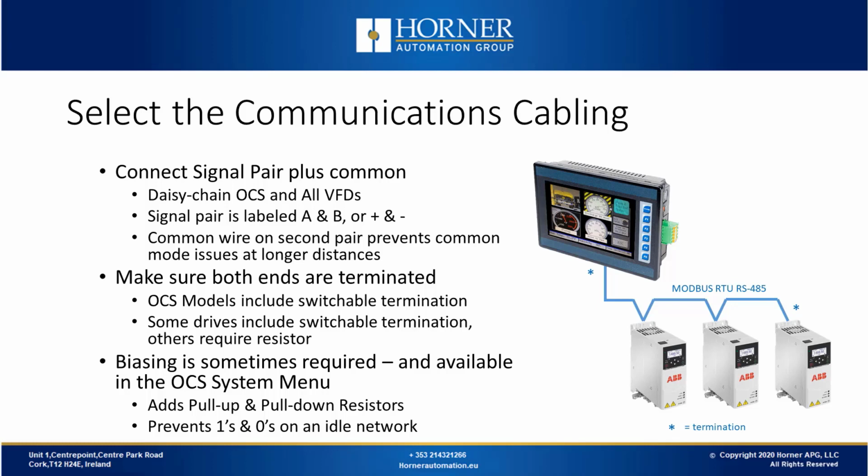You should also have a third conductor, which can be one of the wires in that second pair, to act as your common, as it will allow you to overcome any common mode issues between devices on the network. You're going to daisy chain all of the components on the network. So if it's just an OCS and a single drive, it's basically the equivalent of point-to-point wiring. If you have multiple drives, you're going to be using a daisy chain approach like in the diagram.